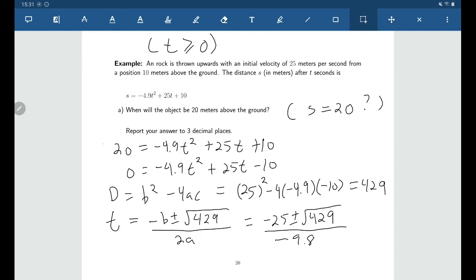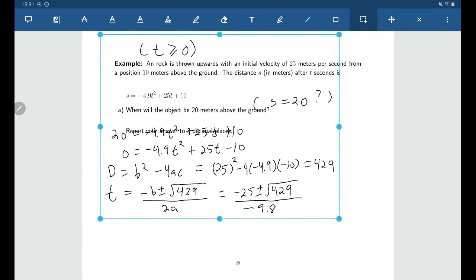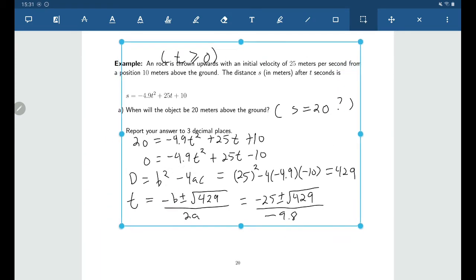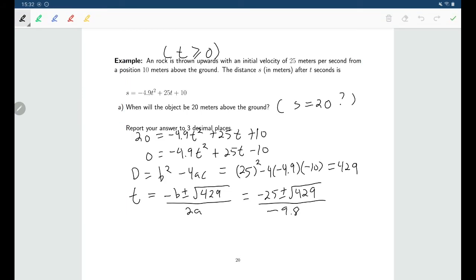Now the only thing left is to use my calculator, because I'm interested in giving my answer rounded to a certain number of decimal places, so I'm not going to try to simplify that square root.